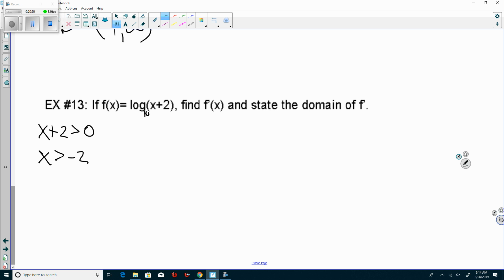Remember, this is a base 10. A is 10, u is x plus 2. Our formula, we need u prime. U prime is 1. If you just have the x by itself, just x to the first is 1. No big deal. Okay? So then, remember you have u prime all over u ln a. So y prime is going to be u prime and then u ln a.